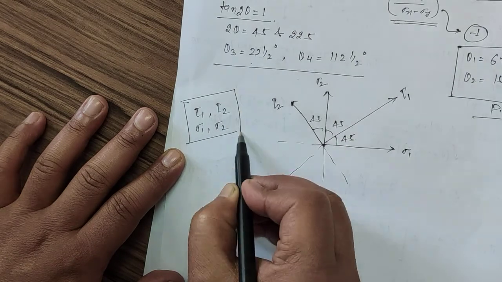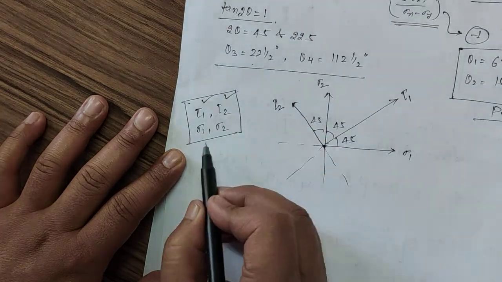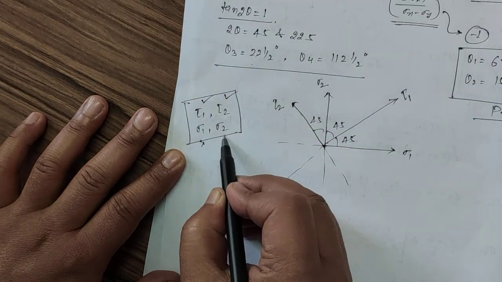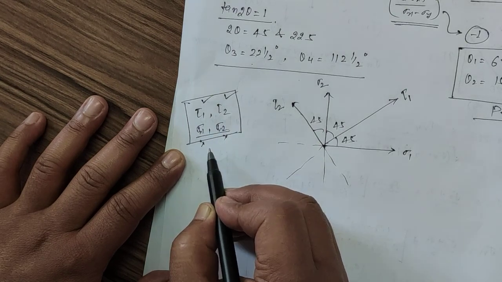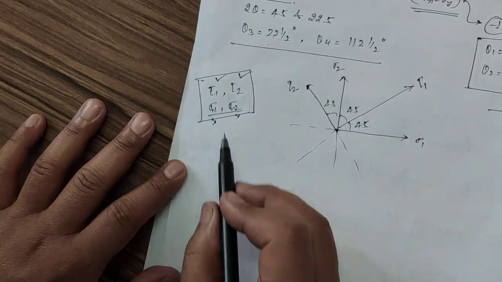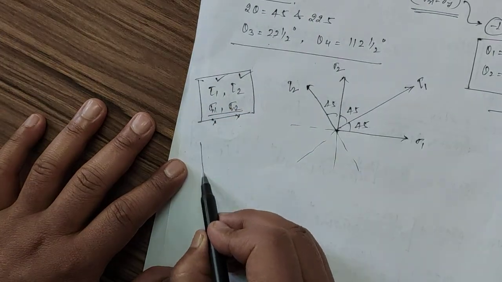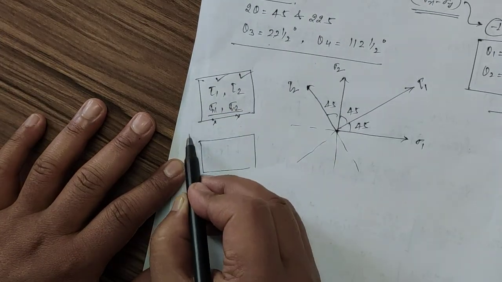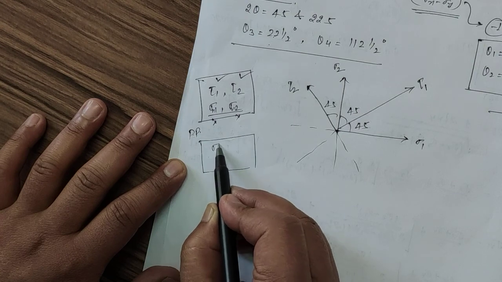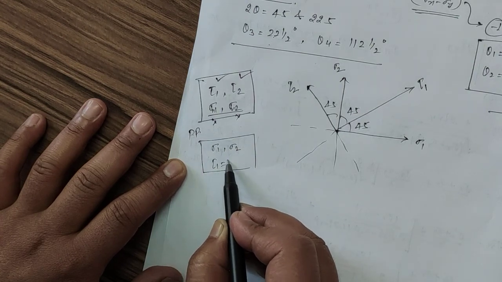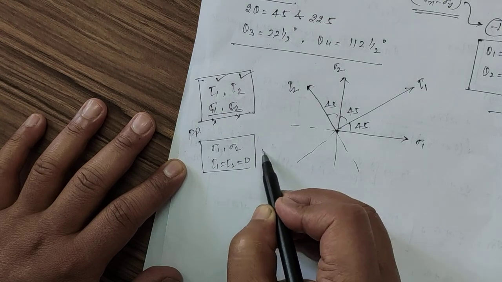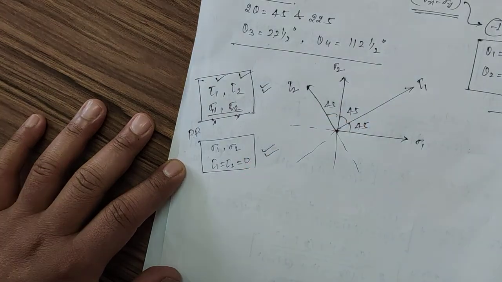This is the maximum shear stress, minimum shear stress, but these are not the principal stresses. These are just normal stress, sigma n1 and sigma n2. And on principal planes we are having sigma 1 and sigma 2, and tau 1 equal to tau 2 equal to 0. So this difference we have to remember.